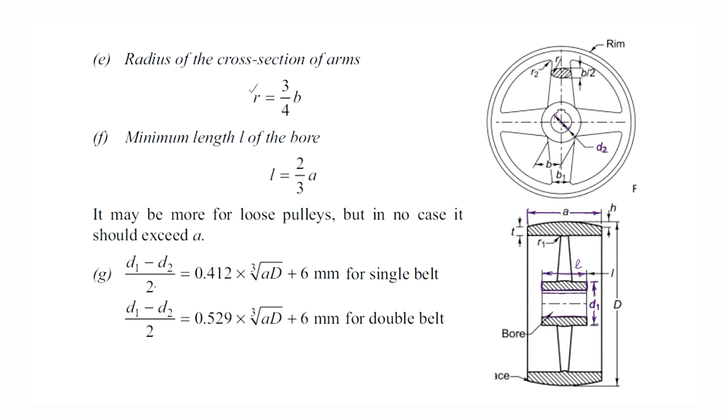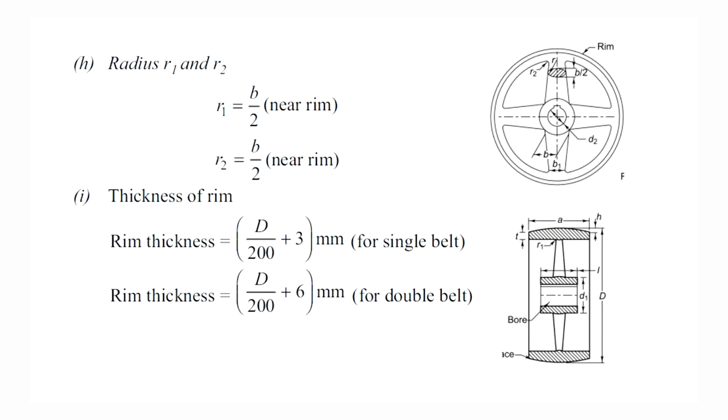So, (D1 minus D2) divided by 2 is equal to 0.412 multiplied by the cubic root of A, the width of the pulley, multiplied by capital D. Capital D is the outside diameter of the pulley considering the crowning, plus 6 mm for single belt, and (D1 minus D2) divided by 2 is equal to 0.529 multiplied by the cubic root of AD plus 6 mm for double belt.